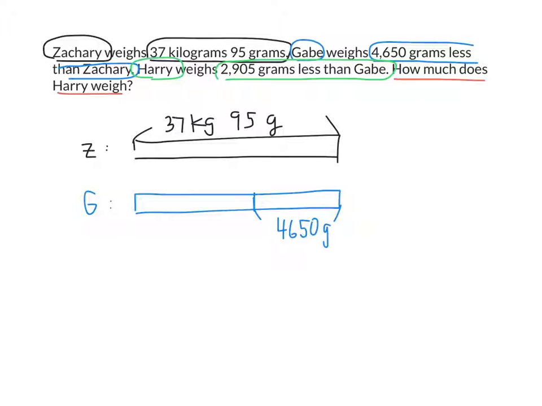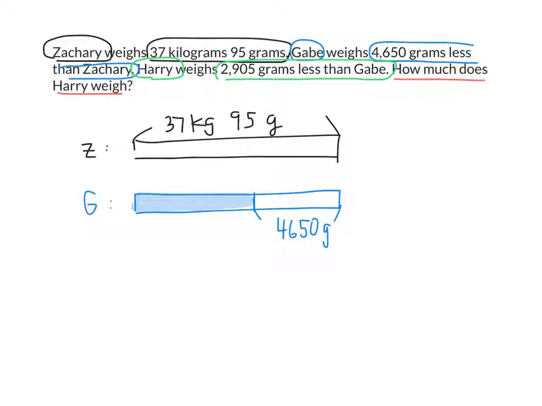Grams. So as you're writing down the important information and labeling your tape diagram, get used to writing, force yourself to write the units because that is going to save you from making silly mistakes. Okay? So we don't know how much Gabe weighs, but it's this much over here. And the part that's missing is 4,650 grams.